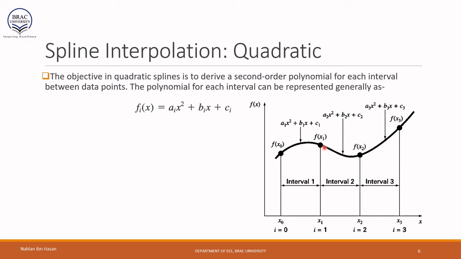In the second interval, I again fit a second order polynomial, which is a2 x square plus b2 x plus c2. Similarly, in the third interval, I again fit a second order interpolating polynomial, which is a3 x square plus b3 x plus c3. So in each of the three intervals, I have fitted separate second order or quadratic polynomials, and that's why it is called second order spline interpolation or quadratic spline interpolation.